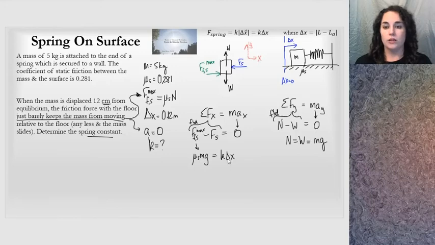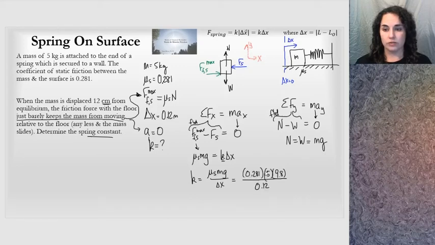So we're solving for the spring constant, so I'm going to put the spring constant on one side and everything else on the other: k equals mu_s mg divided by the displacement. Now I can plug in values. Mu_s is 0.281, m is 5, g is 9.8, and I can divide that by the displacement in meters.